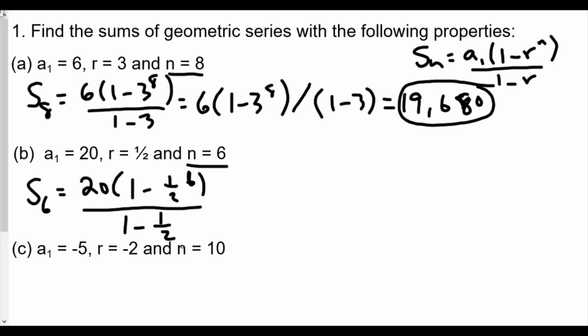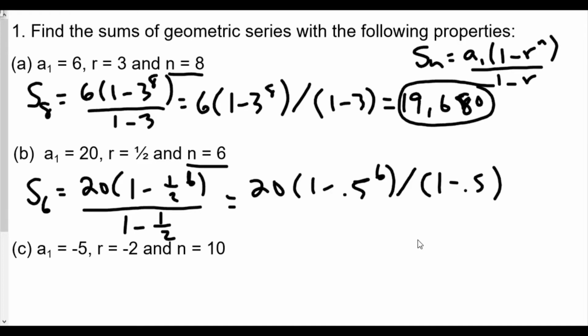Because 1/2 can easily be written as a decimal, I'm going to write it as 20 times (1 minus 0.5 to the 6th power) on my calculator. This way I don't have to worry about typing the fraction in correctly. Now, I definitely would not recommend rounding off any decimals. So here we go, divide by parenthesis 1 minus 0.5.